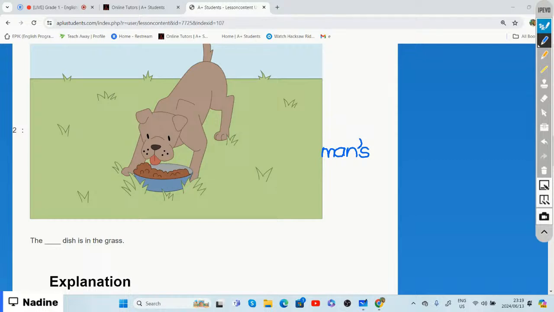So now if we look at this picture, right? What animal or thing or person or whatever do we see in this picture?